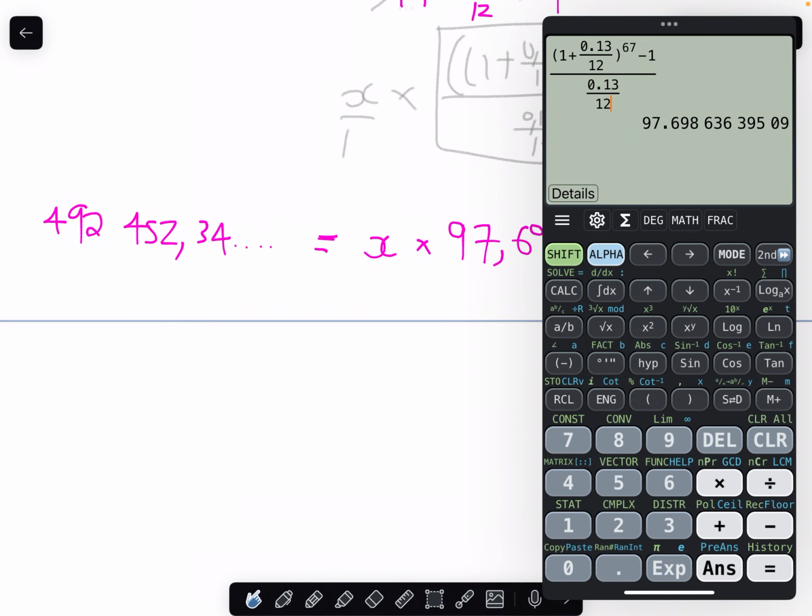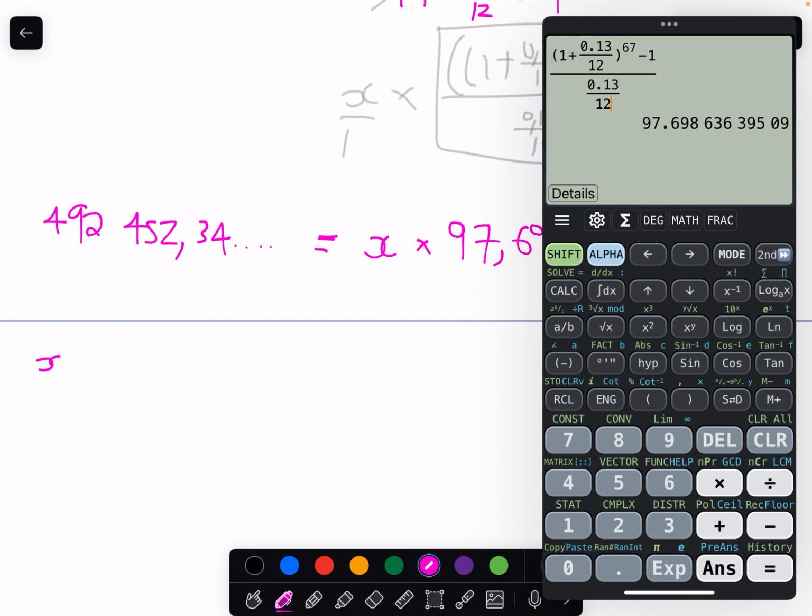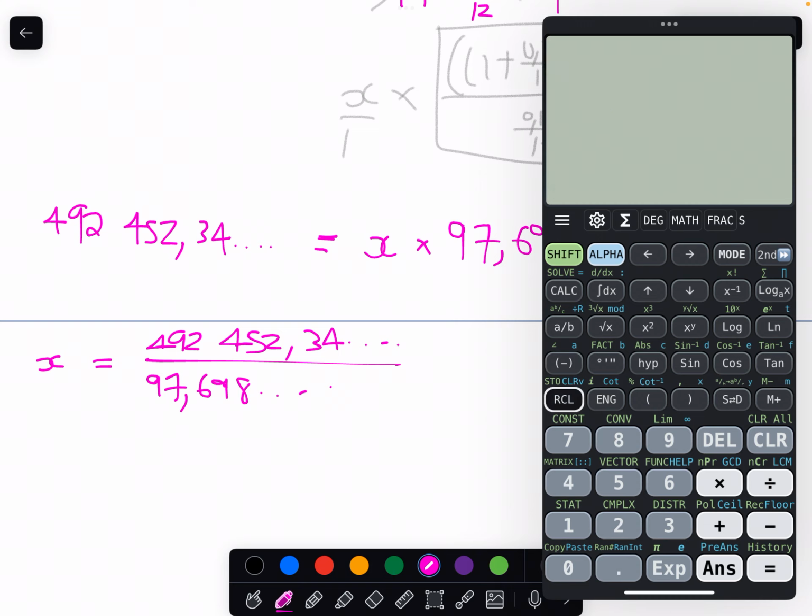So x will be equal to 492,452,34 divided by 97,698 and so on. This number we stored in A, but oh no, what have I done?